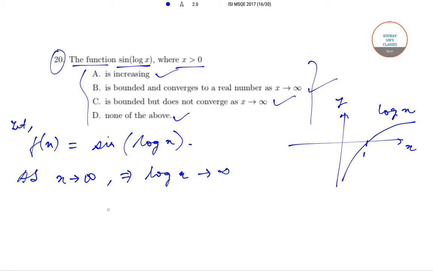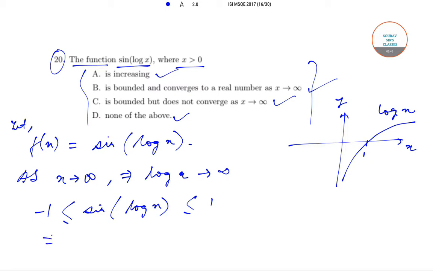But if we take sine of log x, whatever be the value of log x, sine of log x will always be less than or equal to 1 and greater than or equal to minus 1. This is always the structure.